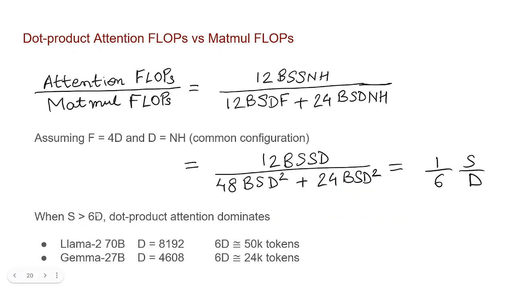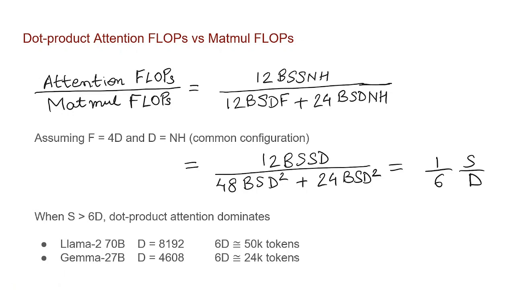So let's take some common open source models. Looking at the Llama 2 70 billion parameter model, whose D is of this size, at a sequence length of 50k tokens, our dot product attention will take more flops as compared to our matrix multiplication, which is quite a large value. And for Gemma 27B, after 24,000 tokens, the dot product attention starts dominating.